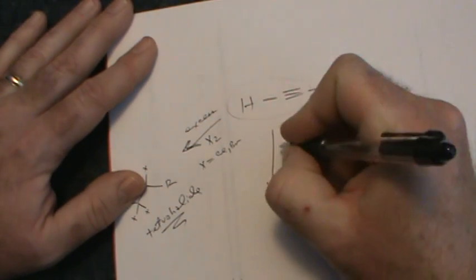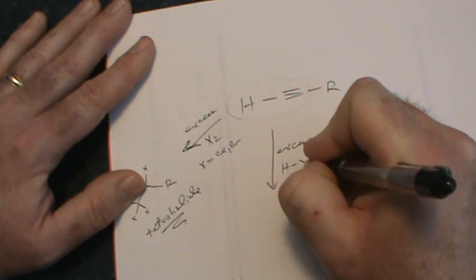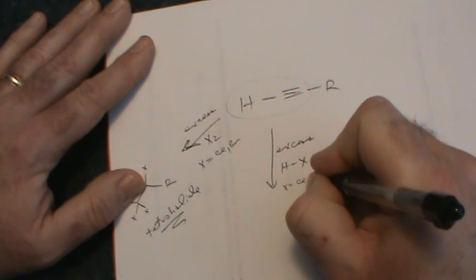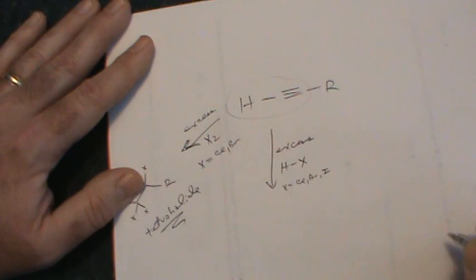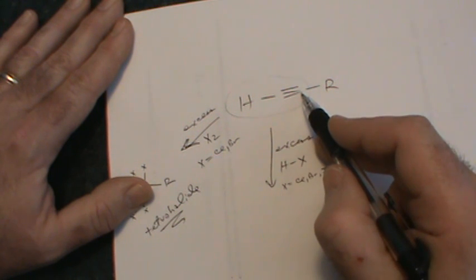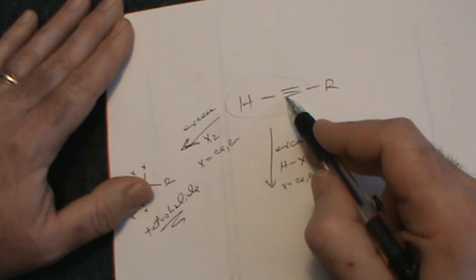Likewise, if we just hydrohalogenate, we're going to use an excess of HX. So in this case, we're going to protonate at the less substituted carbon in Markovnikov fashion, add X at the more substituted carbon. We'll do that once, there'll still be 1 pi bond left, and then we'll do it a second time.